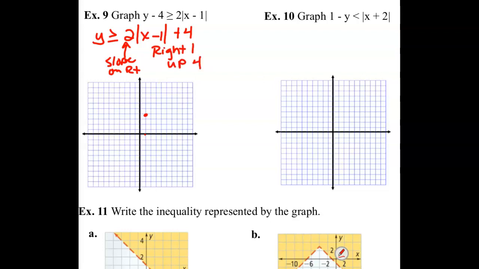All right. So a slope of 2. Solid or dotted? Solid. Are we shading inside the V or outside, below the V? Inside? All right.